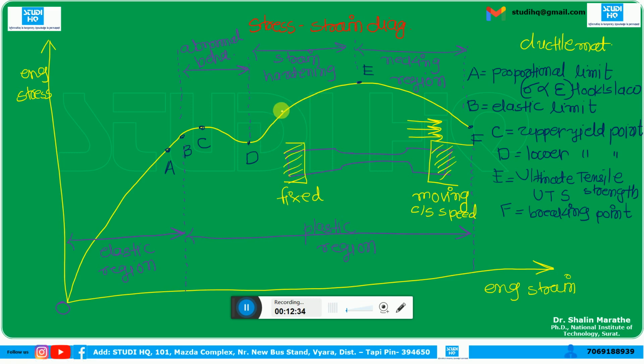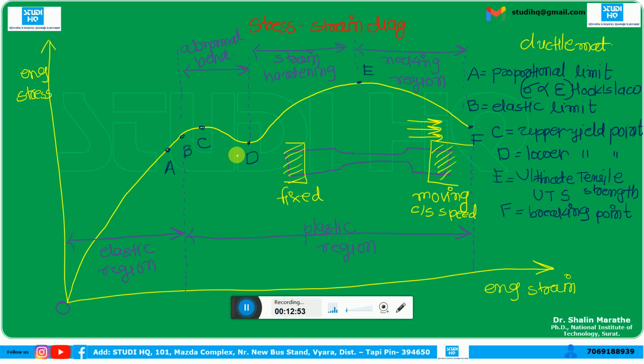So here there is a question, why after the decrease, why is there a rise in this graph, D to E? The reason behind that is, when we deform the material, the material is made of lattices.